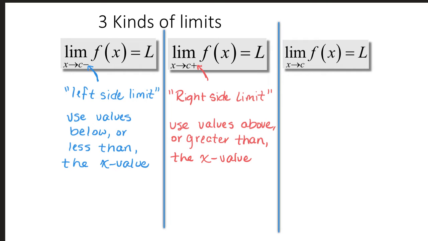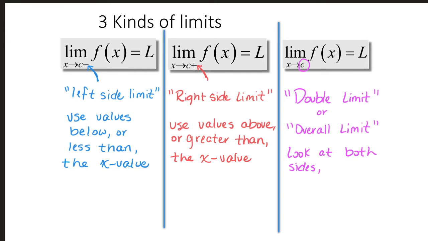And our last kind of limit is when you just see the x value that we're approaching all by itself, as x approaches c. This is what we call the double limit, also sometimes called the overall limit. And what this is saying is that the left and the right side are the same value. So whenever you're doing a double limit, you're actually looking at both sides to see if they're the same.